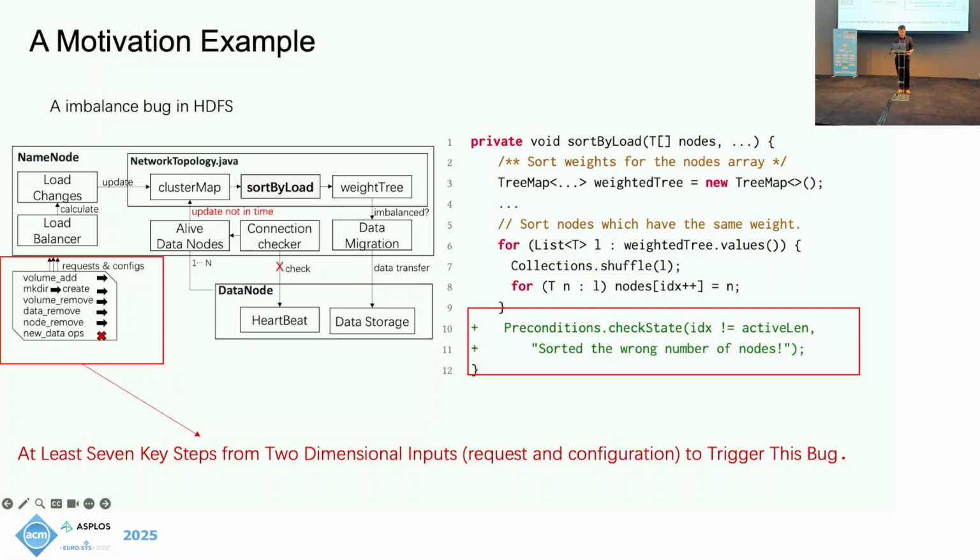The first is to add some volume. Then we need operations like making a directory, creating a file, removing some volume, removing some data, and removing some nodes. Then there is a new data operation. After the 7 key steps, the bug can be triggered. For the details, you can refer to our paper to see how the bug is triggered.